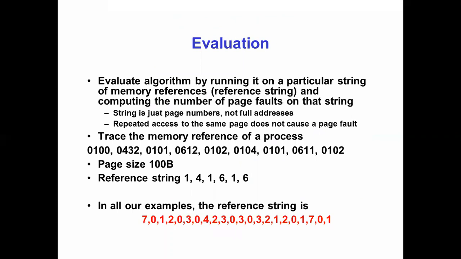Now, how can you evaluate with the help of the algorithm? You can check here: evaluate the algorithm by running it on a particular string of memory references. So here we will use some string for the reference and compute the number of page faults. First we will find out the condition for the page faults on that string.